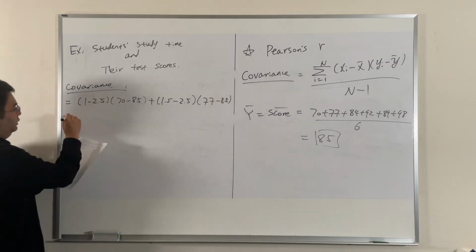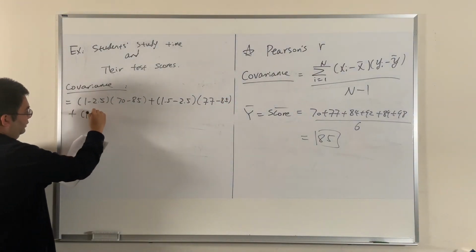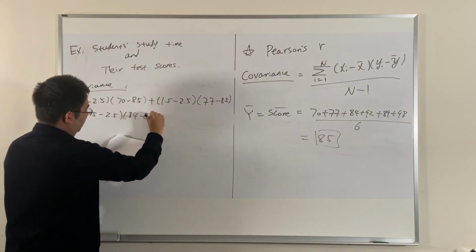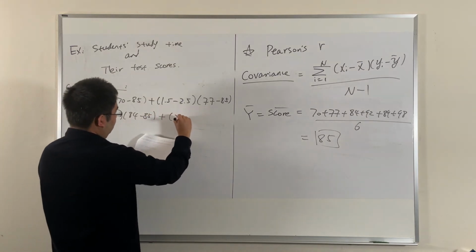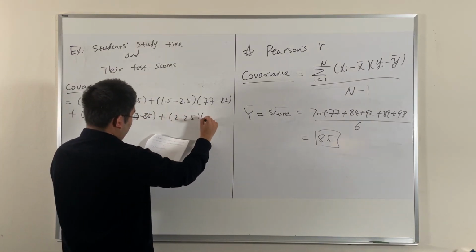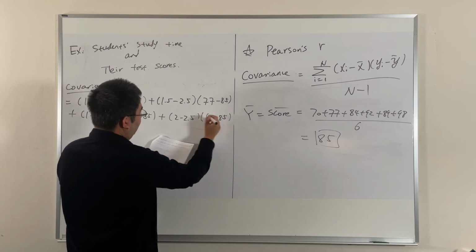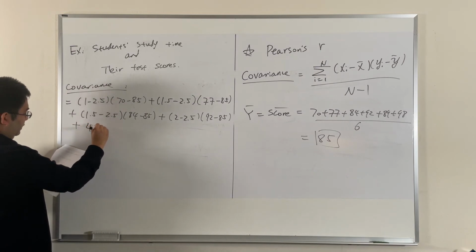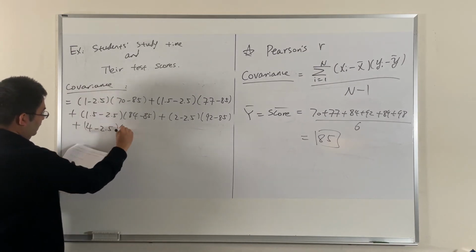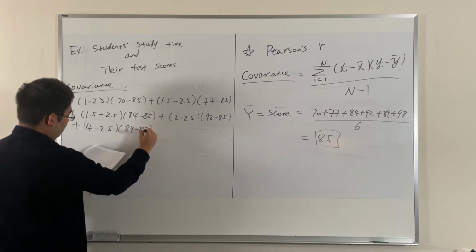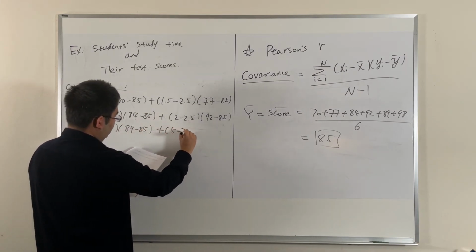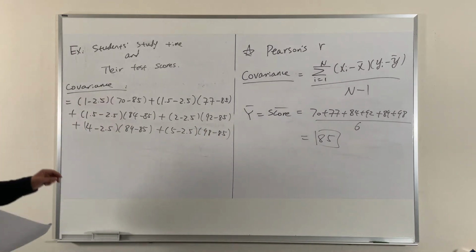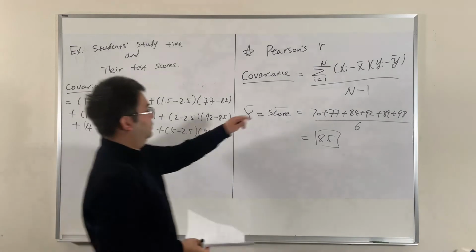Okay, and then we're going to continue: 1.5 minus 2.5, 84 minus 85, plus 2 minus 2.5, 92 minus 85. Okay, and we have 2 more to go. Plus 4 minus 2.5, 89 minus 85, and then plus 5 minus 2.5, 98 minus 85. Okay, cool. So we're done with this part here.